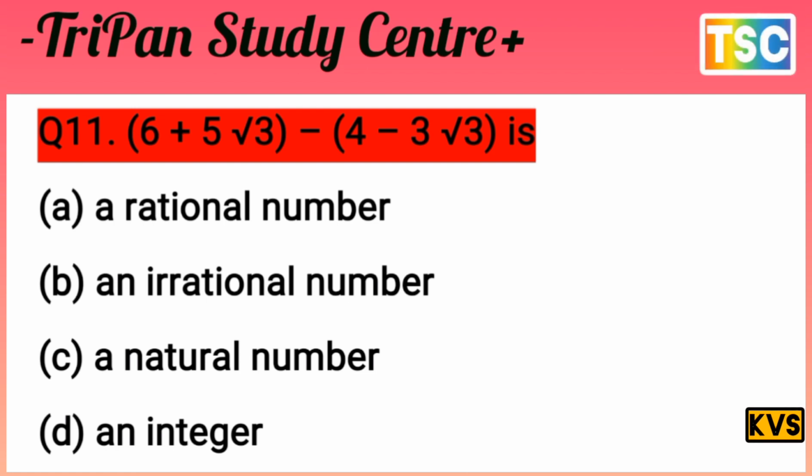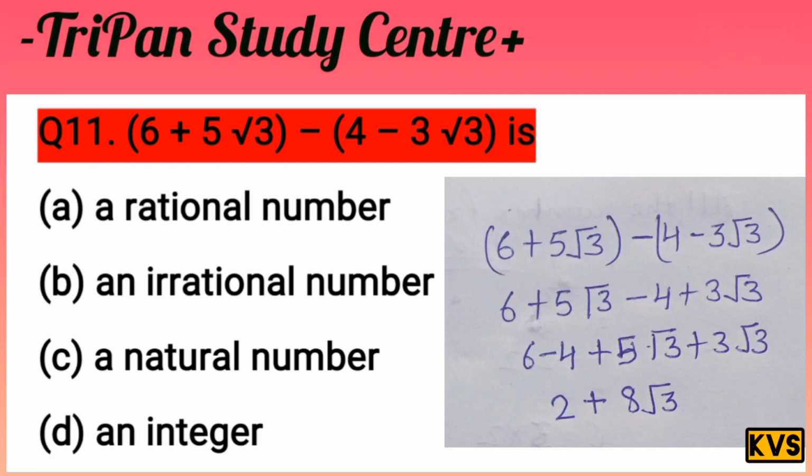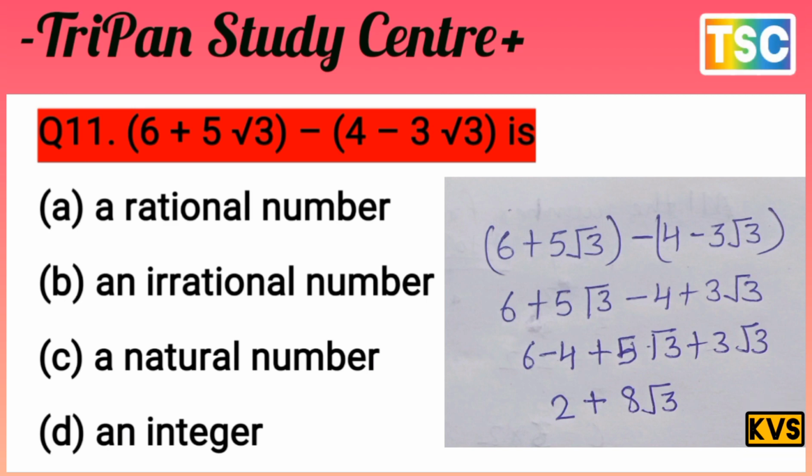It is an easy calculation. The minus sign means there is a 4. It simplifies to 6 plus 5 root 3 minus 4 plus 3 root 3. Taking 6 minus 4 gives 2, and 5 root 3 plus 3 root 3 gives 8 root 3.